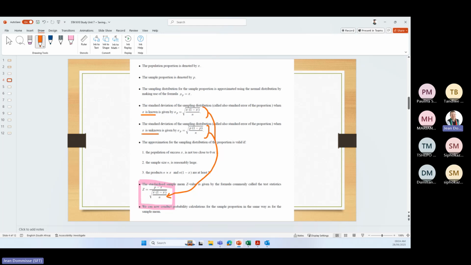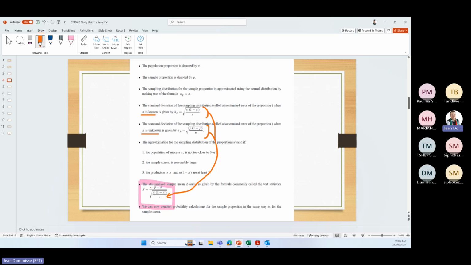Sometimes we don't know, and then we just use the other proportion, but it still stays the same: your Z will be worked out with the proportion minus the pi, and that will then be divided by the standard error. It doesn't matter if we work out Z for a mean or for a proportion, there's always going to be the standard error component.